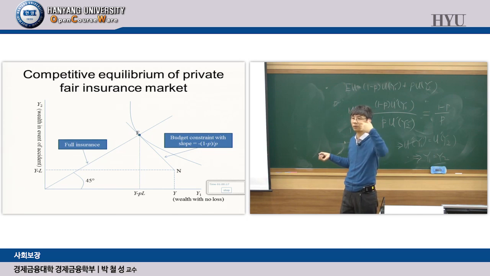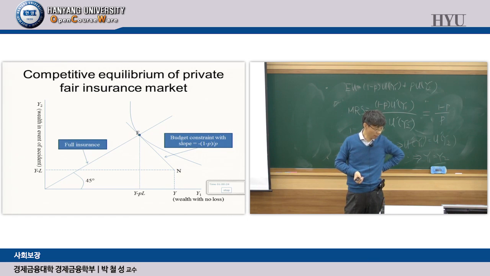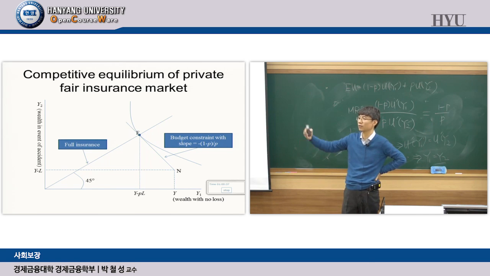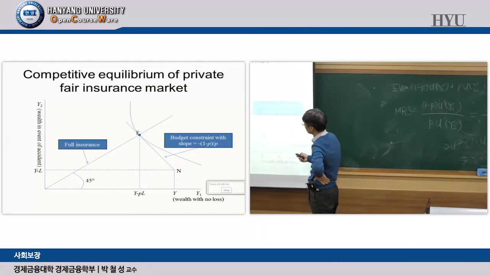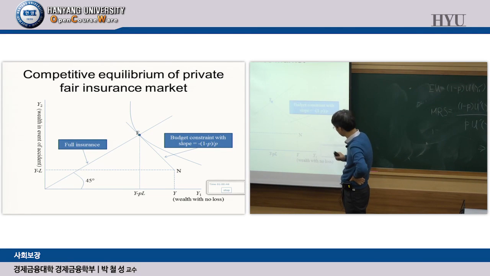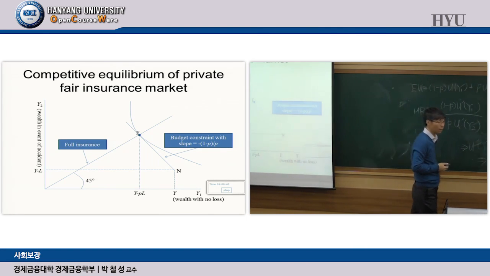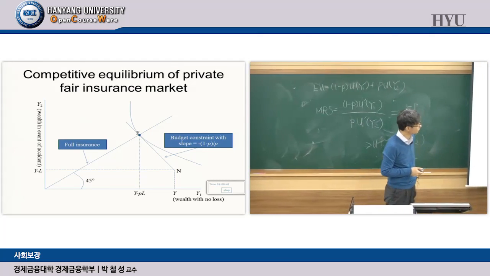All this risk is transferred to the insurance company, which will bear the burden of the uncertainty. The individual is quite happy because there is no uncertainty. A risk-averse person hates uncertainty, so just getting rid of uncertainty makes the person pretty happy. So this is the situation where we have the perfectly competitive insurance market.